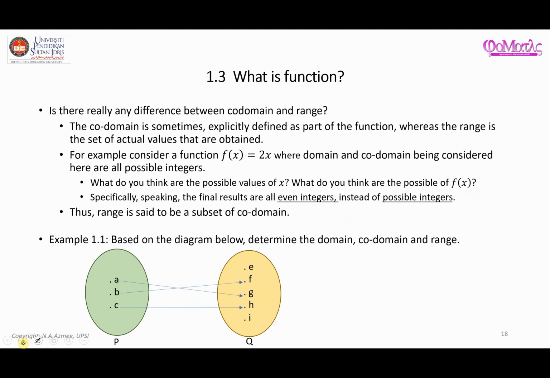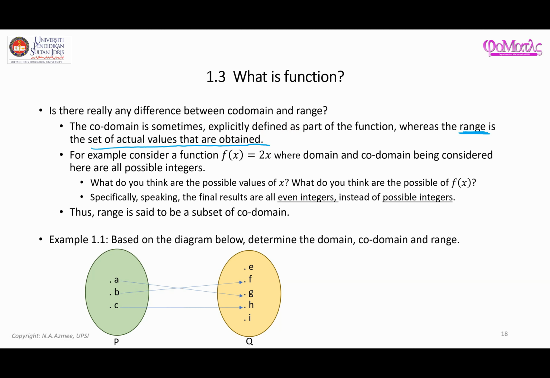Now, is there really any difference between codomain and range? Well, usually the codomain is explicitly defined as part of the function. It is usually defined in advance, whereas the range is the set of values that are actually obtained.